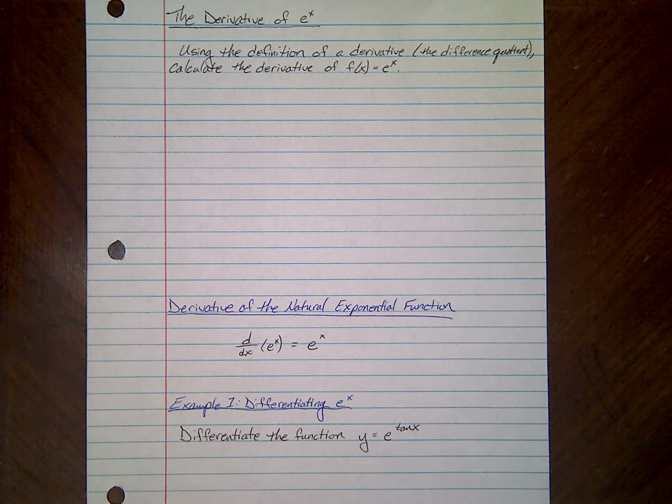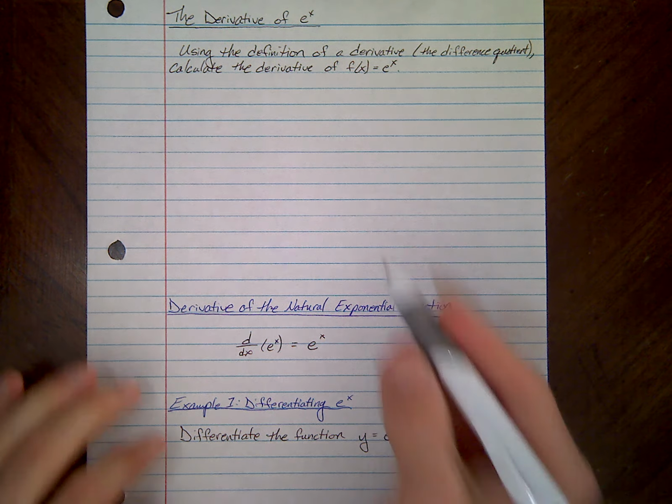Okay, so today we're going to be focusing on the derivative of e to the x, the natural exponential function. We're going to start off by deriving it, which is kind of the point of this, using the definition of the derivative, meaning the difference quotient.